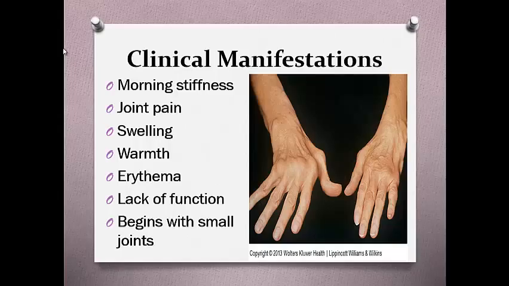So all classic signs include joint pain, swelling, warmth, erythema, and lack of function. Rheumatoid arthritis usually begins with small joints, such as the hands, wrists, and feet. And the symptoms of rheumatoid arthritis are usually bilateral and symmetric.